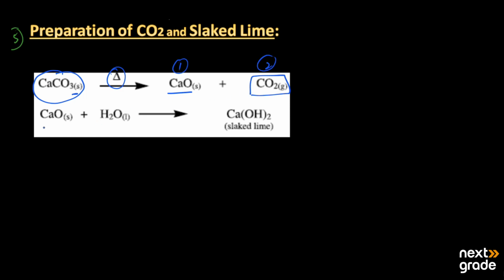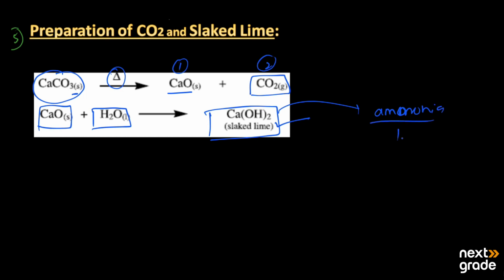Now this calcium oxide reacts with water and changes into calcium hydroxide, which is known as slaked lime. Then it is pumped to the ammonia tower.